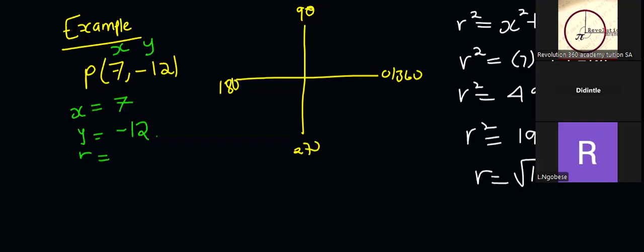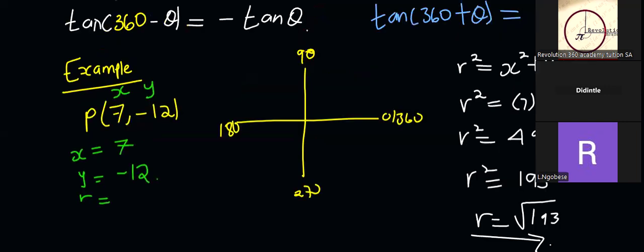Now we are going to draw our Cartesian plane. Because our X is positive, it's going to be there, and Y is negative, it's going to be there. As you draw your diagram, with the two points meeting, you draw it just like that.